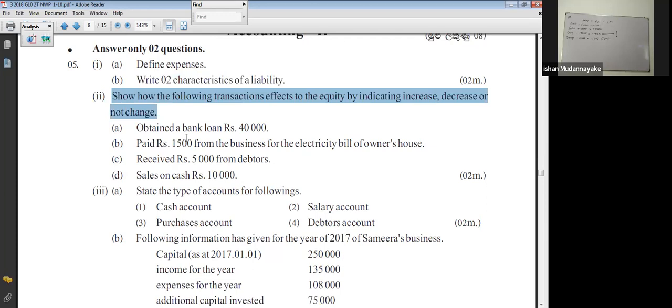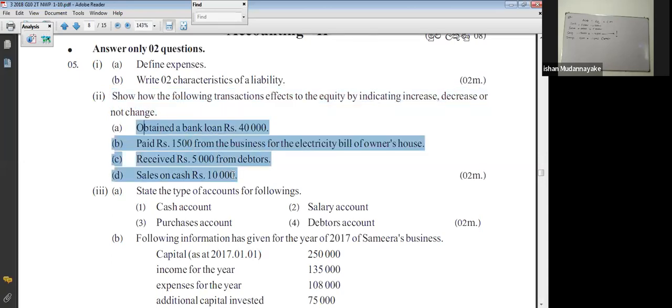Problem number 2. Show how the following transactions affect the equity by indicating increase, decrease, or no change. Impact of this transaction to equity.